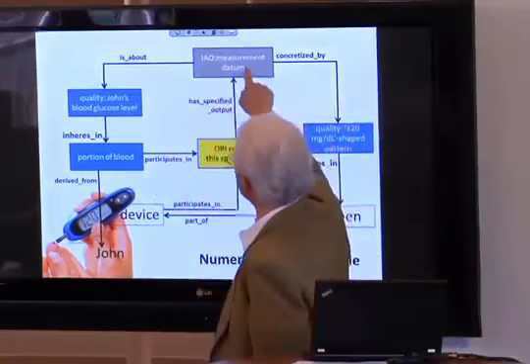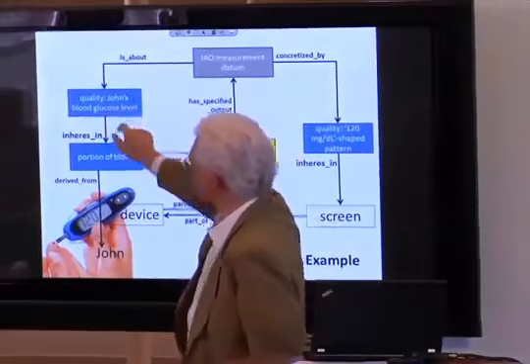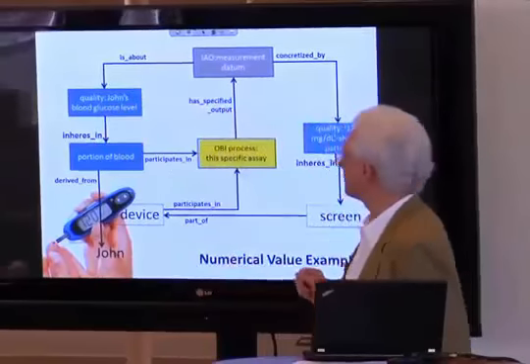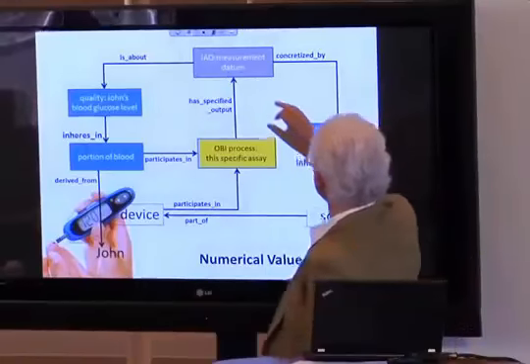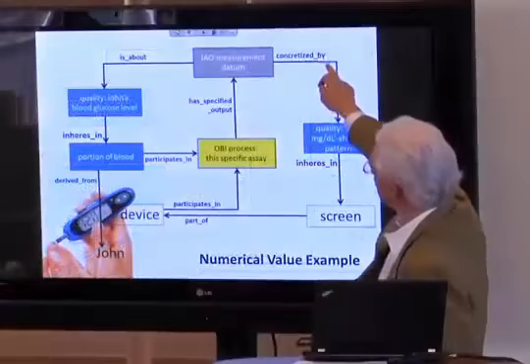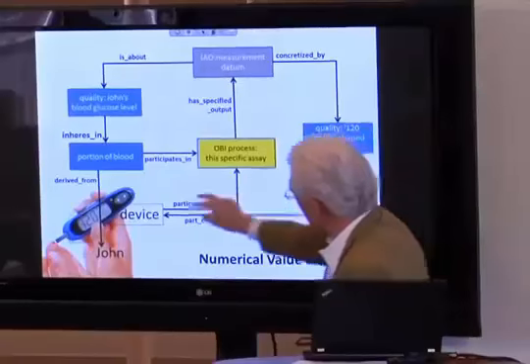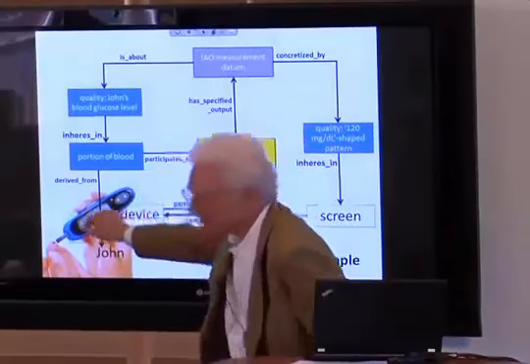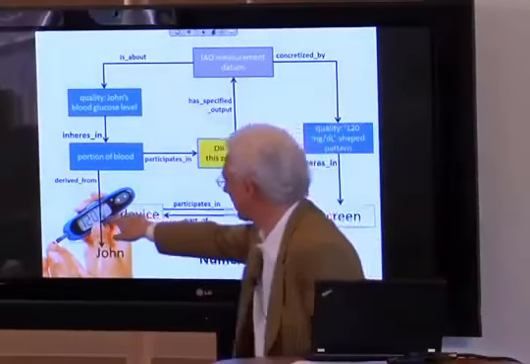The measurement datum is about the quality, which is John's blood glucose level. Now, the measurement datum could exist on a different screen, or it could exist in speech, or it could exist on my laptop. But as it happens, it's concretized, it's made concrete, in this particular case, by this two-dimensional pattern on this particular screen here.